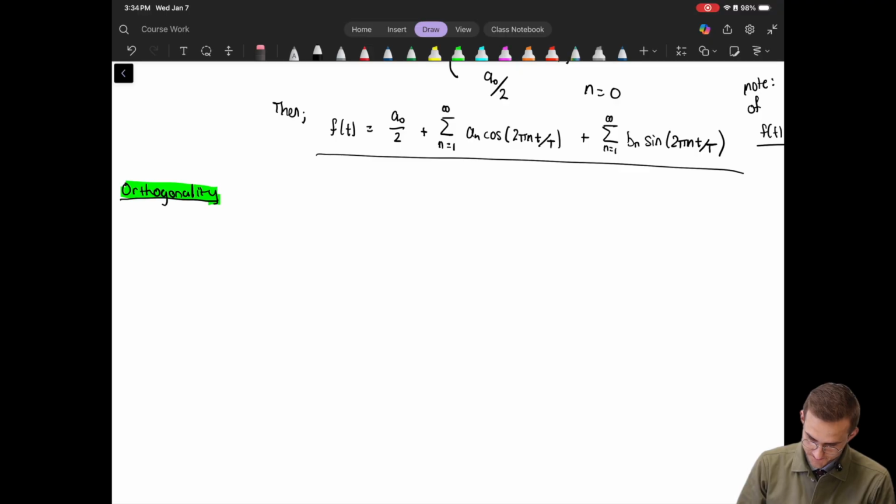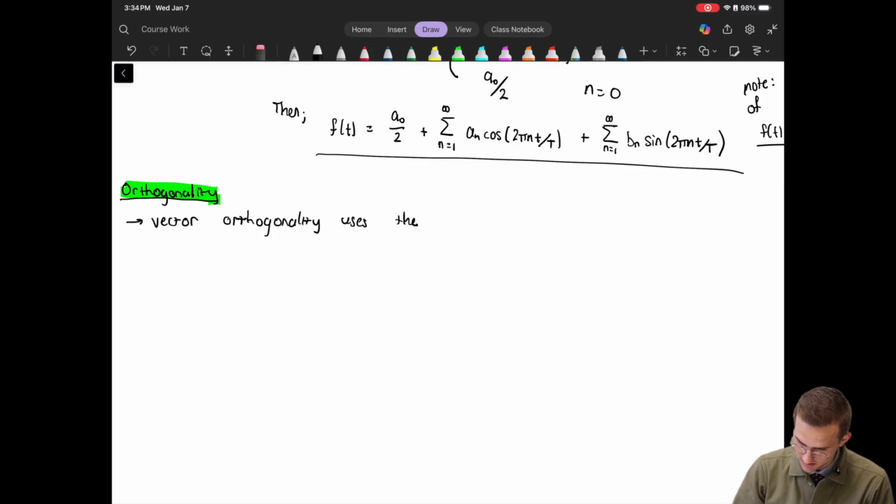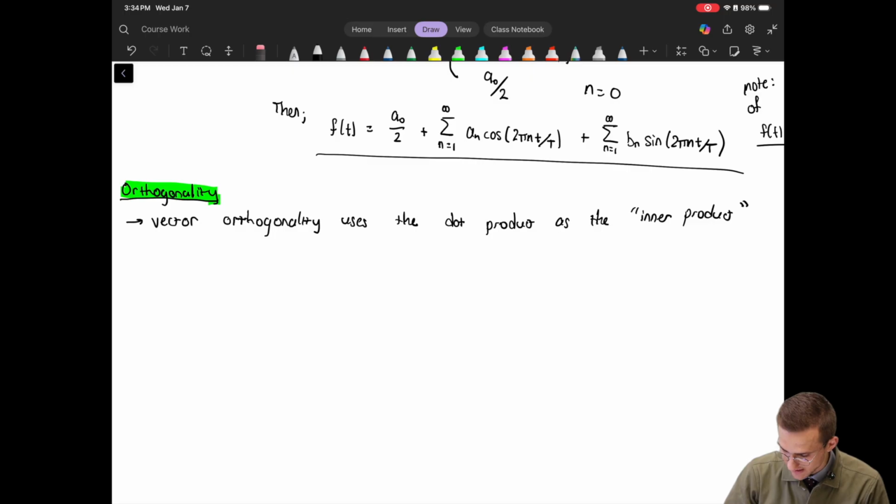Okay, so talking about what we were just saying, vector orthogonality uses the dot product as the so-called inner product. That's a special kind of product that establishes a notion of distance in a set.